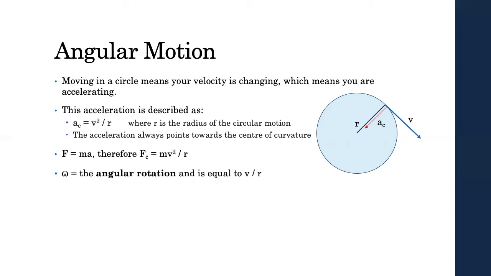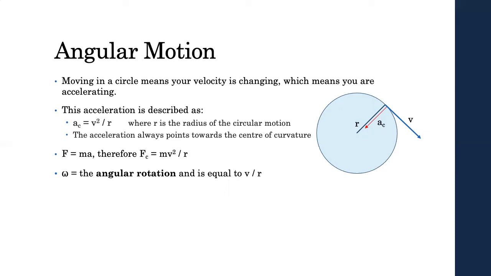The acceleration always points to the center of curvature. And since we say that force is equal to mass times acceleration, we can say that this angular force, which we call centripetal force, is equal to mass times speed squared divided by the radius of curvature.